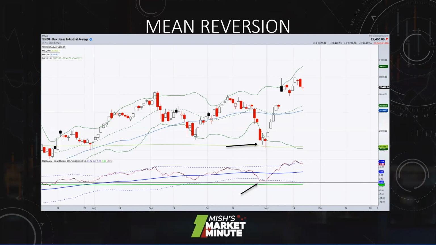What we want is a reset, and the first day here, which is the first day of November, we finally get both price and Real Motion back inside the 2 standard deviations of the Bollinger Band. Now that is a reset.